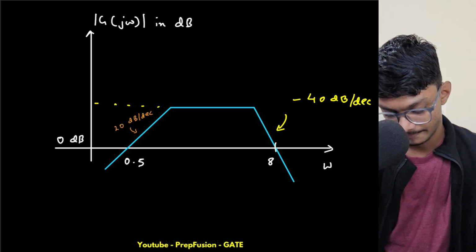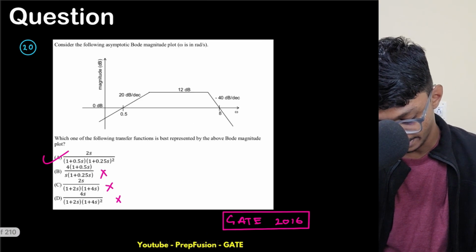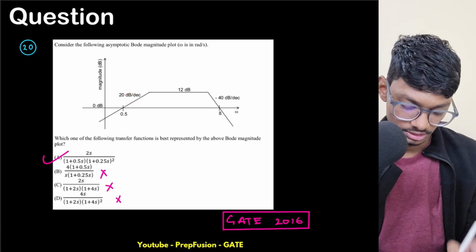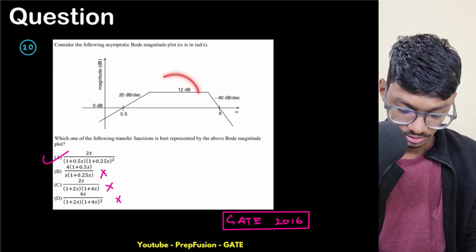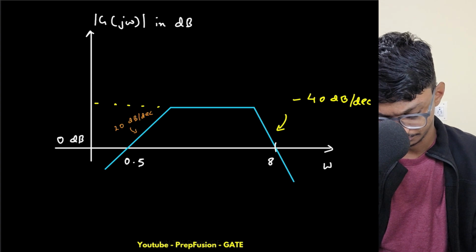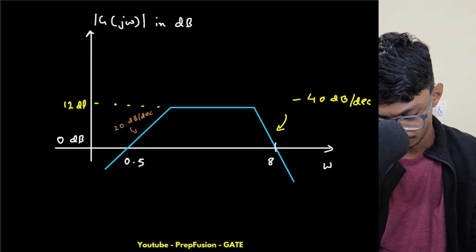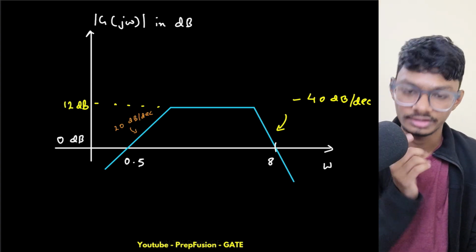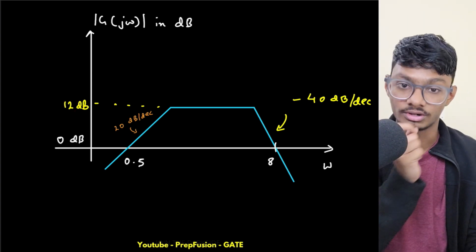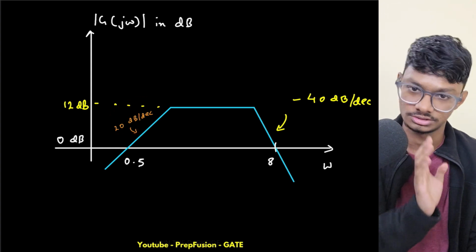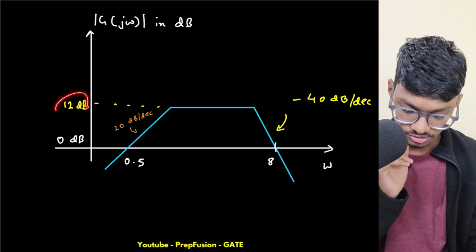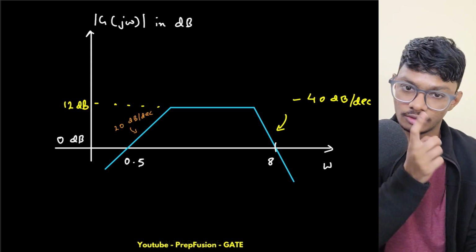One more piece of information is given: the magnitude at the corner frequency. The corner frequency isn't given, but the magnitude at the corner frequency we know. So the magnitude at the corner frequency is 12 dB. Now, one thing I'm observing is that this is in multiples of 6. Whenever the magnitude is in multiples of 6, I can convert this into octave scale. This is not mandatory, you don't need to do this, but as my magnitude is in multiples of 6, I will do this.